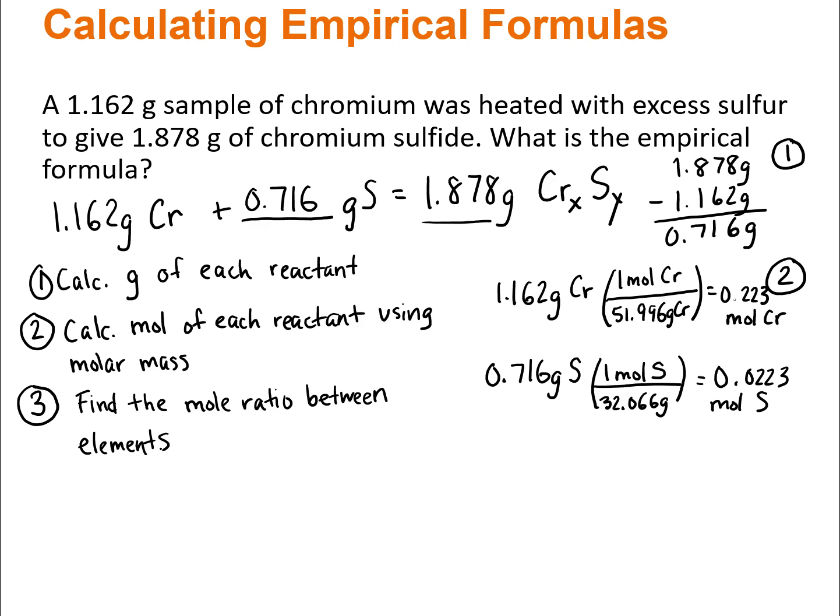What that means is we're going to take the number of moles that we have and divide them. Looks like a 0 got left off here. There should be 0.0223 for each of them.